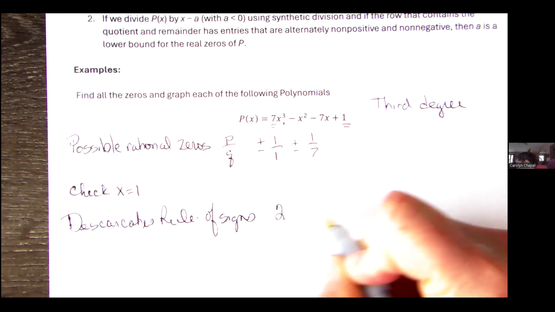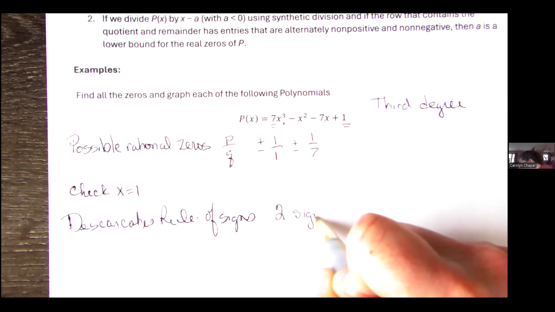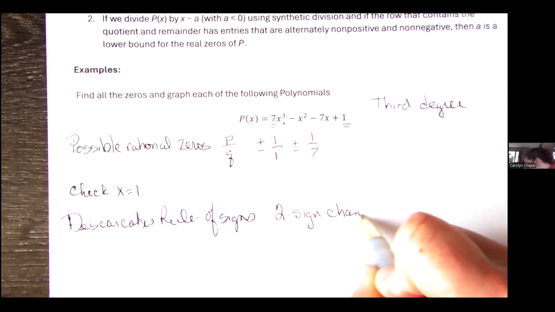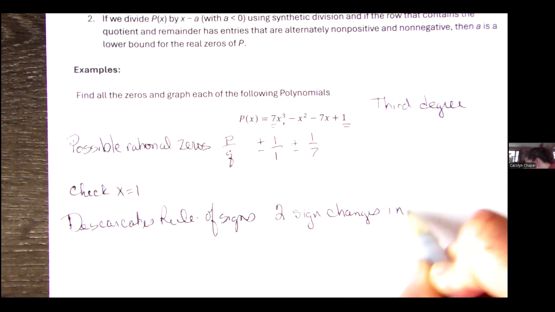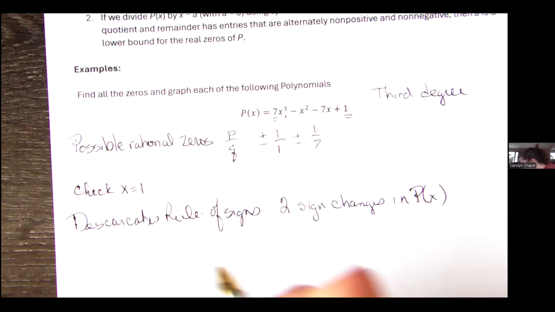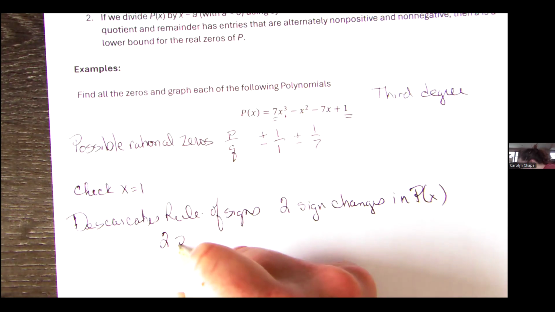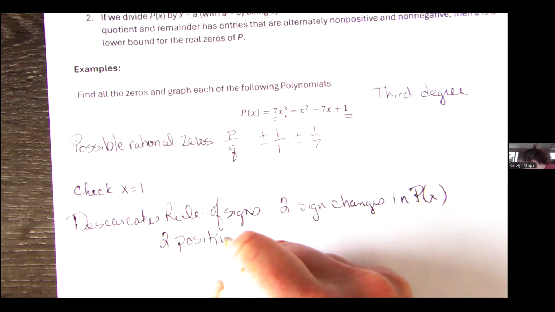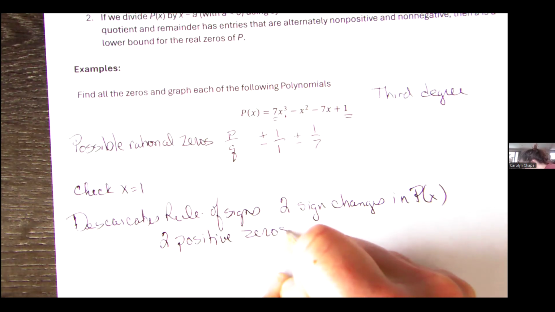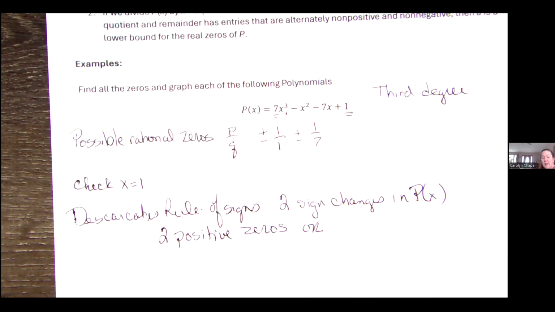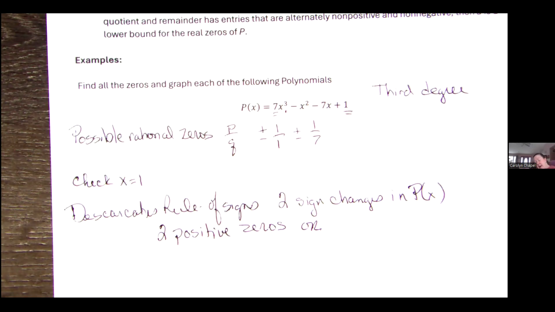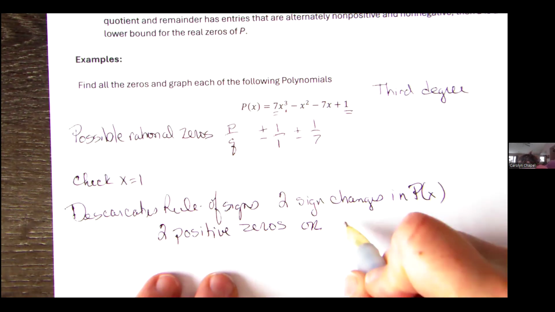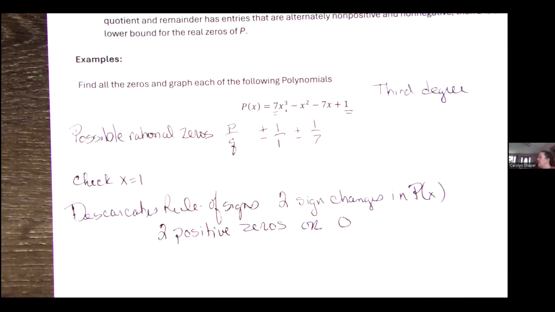So this tells me there are 2 sign changes in P of x, which means by Descartes' rule of signs that we have 2 positive zeros, or remembering it can decrease by an even number. So that means 2 or 0 real positive zeros.